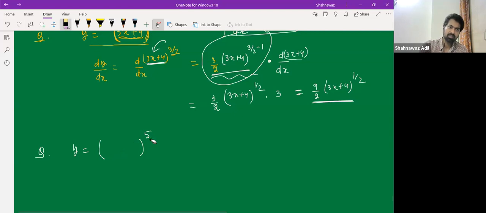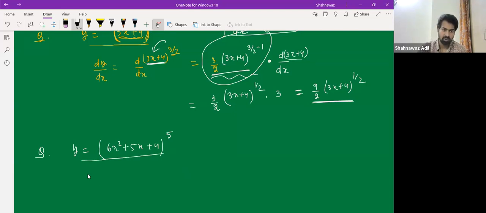So let me complicate things further. So 6x squared plus 5x plus 4 power 5. Okay, so this is the function. So what would be dy by dx? Ryan, tell me what would be dy by dx?